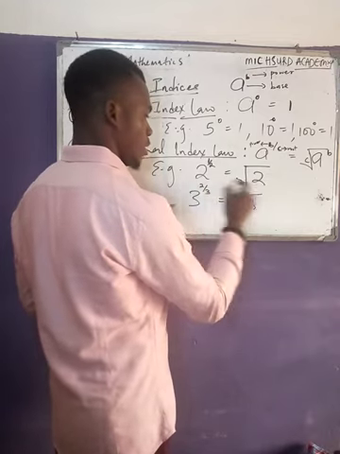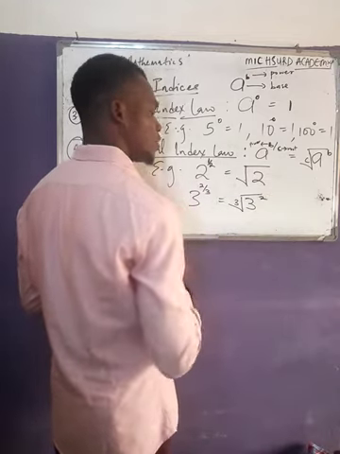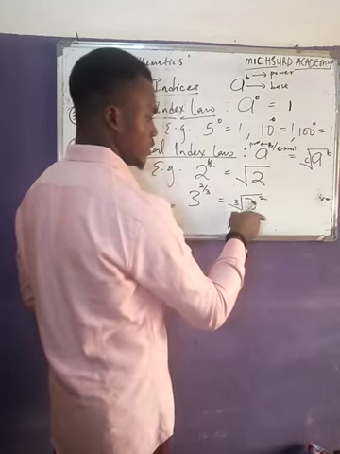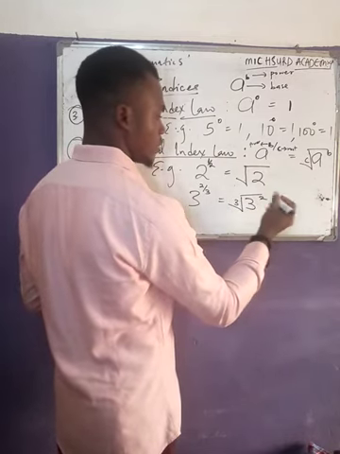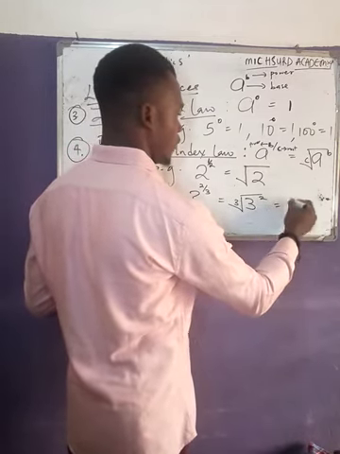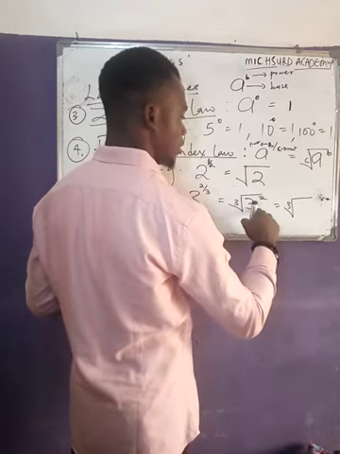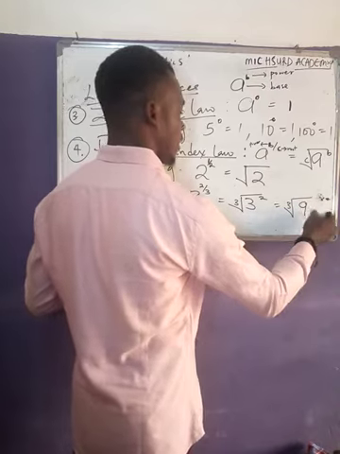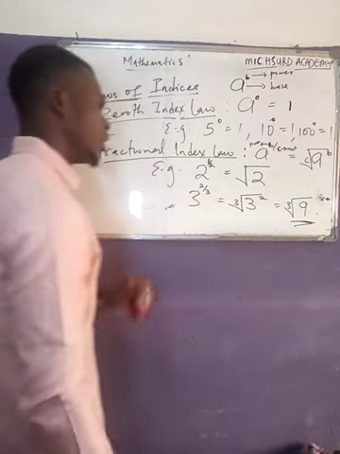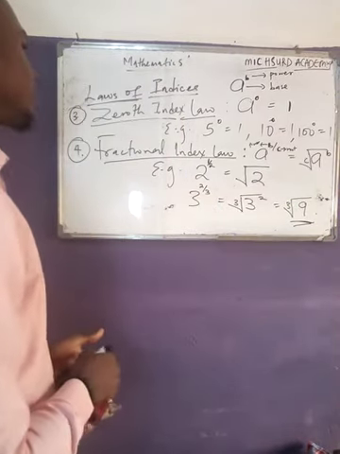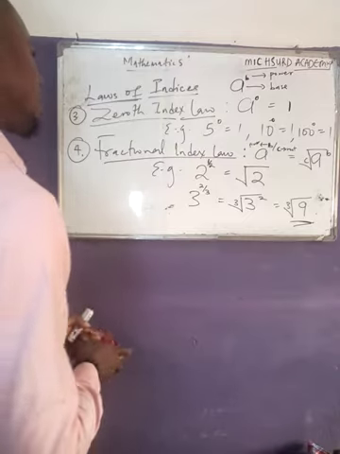Then raised to power, the power is what? Is 2. So this is our result. So you can simply say you have the cube root of, this is 3 raised to power 2 is 9. So that becomes our result. Alright, that's for the fractional index law.